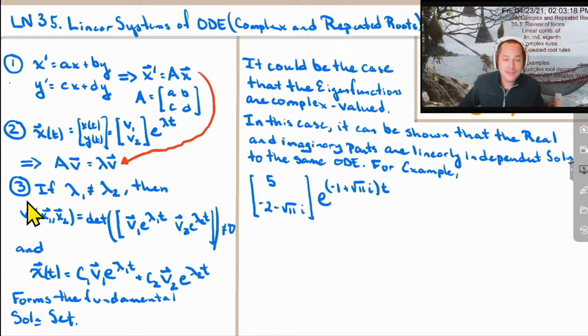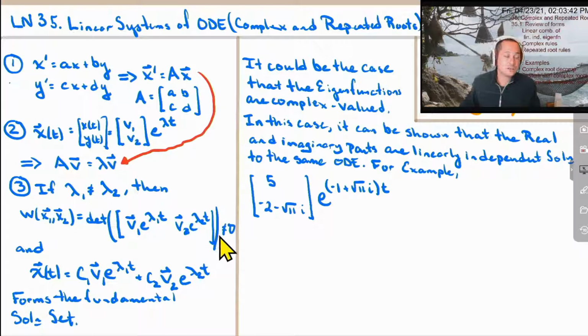Okay. And then if lambda 1 is different than lambda 2, your Wronskian will be non-zero. The Wronskian is made by taking this whole column of data. Remember, the exponential can be multiplied into the vector. Taking that whole column, treating it as the first column of the 2 by 2 matrix, and then the second function that you get, because lambda 1 is different than lambda 2, you treat that as the second column of the matrix.